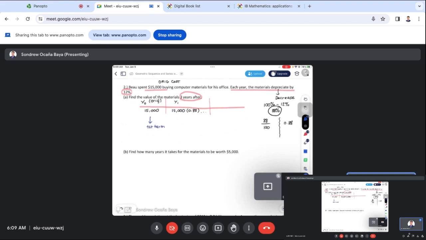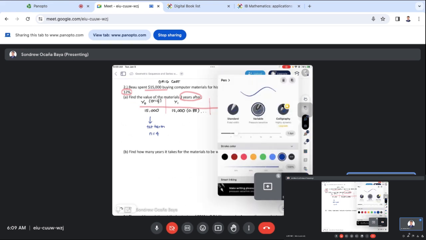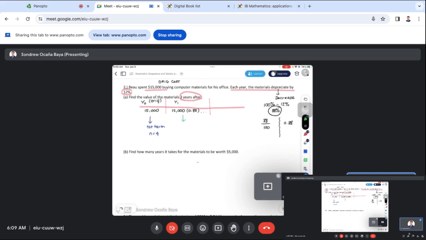So at the end of 3 years, my n is not 3, but rather my n is 4, because I consider y sub 0, year 0. But if I would consider this as my first term instead, then we can normally use n equal to 3 years. It really depends on your preference.